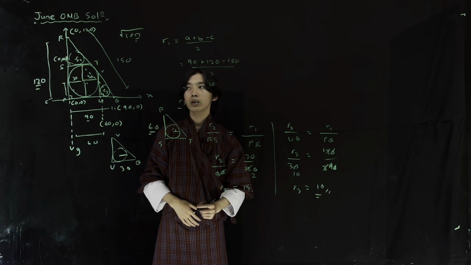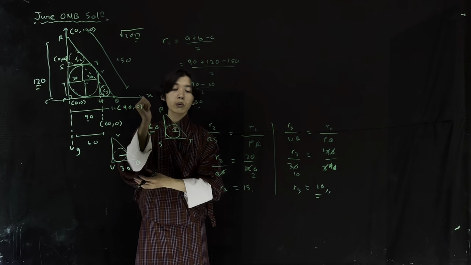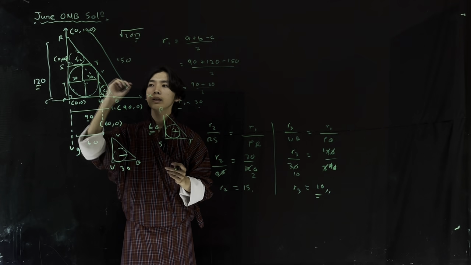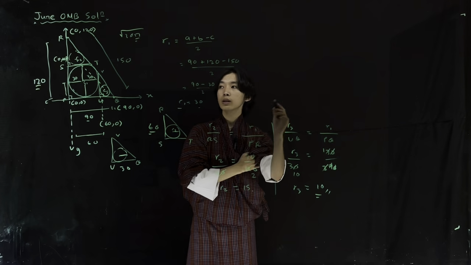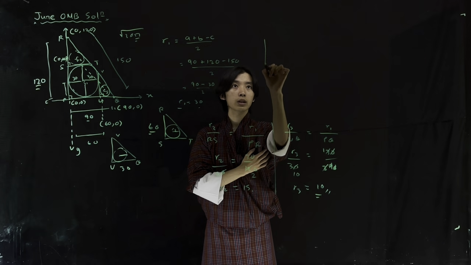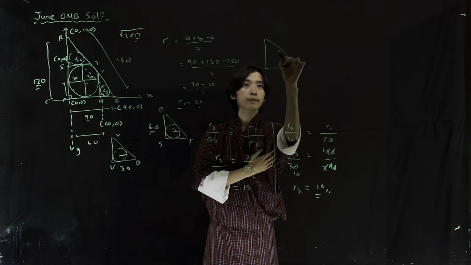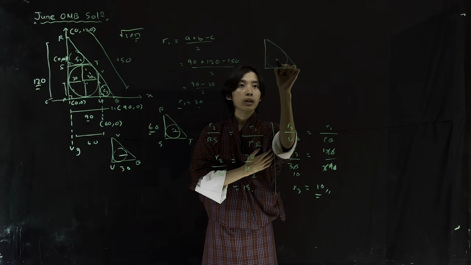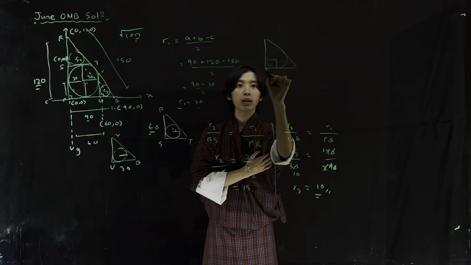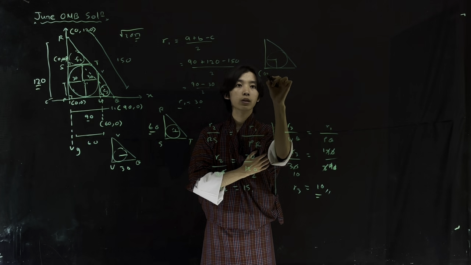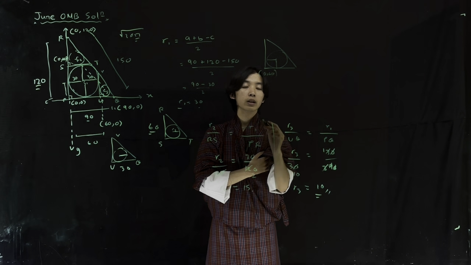Now we have found the inradius, and we can use the inradius to find the centers of the circles. So let's take out triangle RST here. The center of the circle is from point S, which is 0, 60, right?